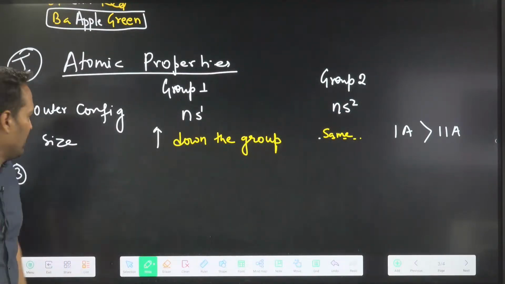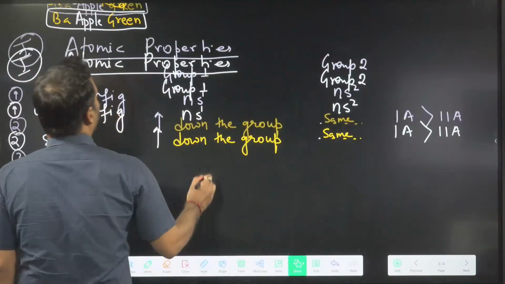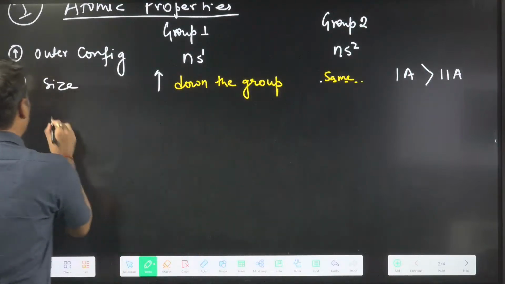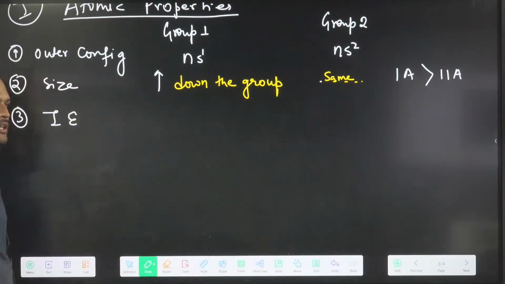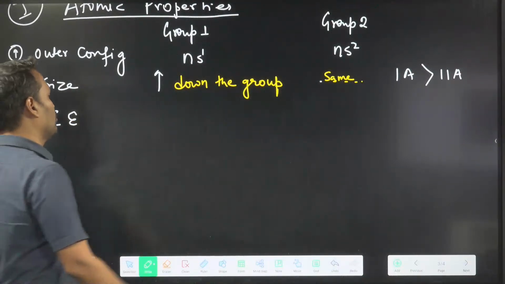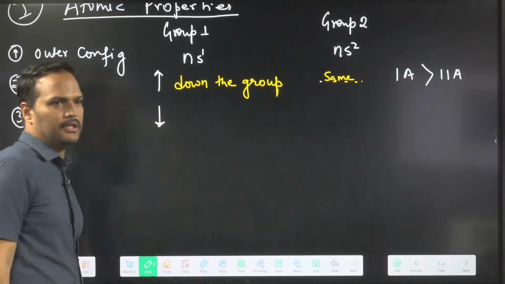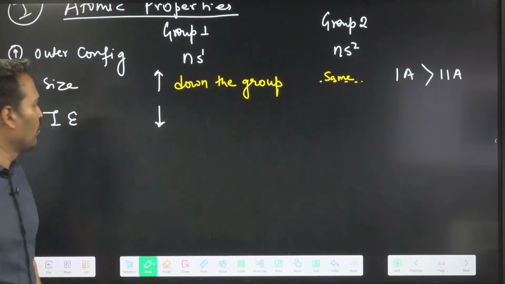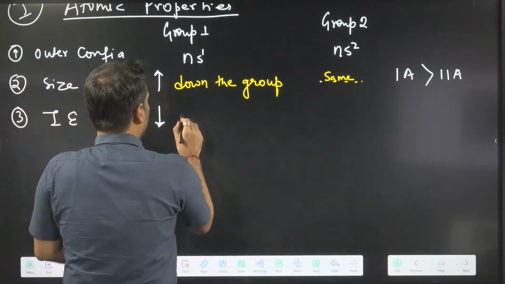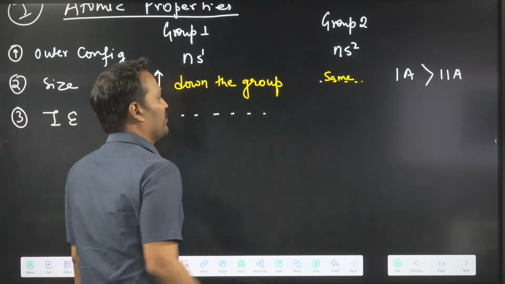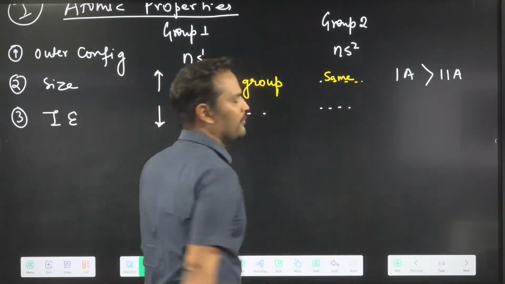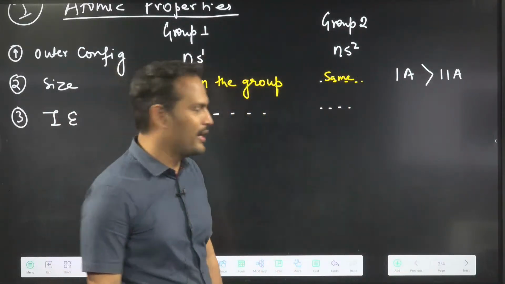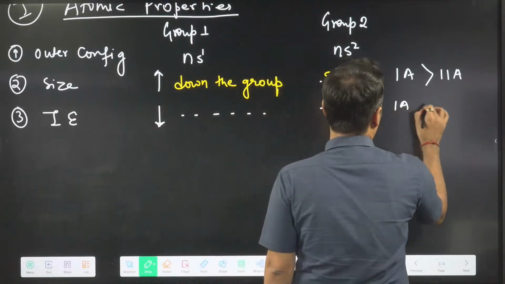Now we will come to the next point. What is the next point? Ionization energy, very easy. Everyone knows. What happens down the group? Decreases. You will say here same. Then you will compare 1A, 2A. Who is having more?